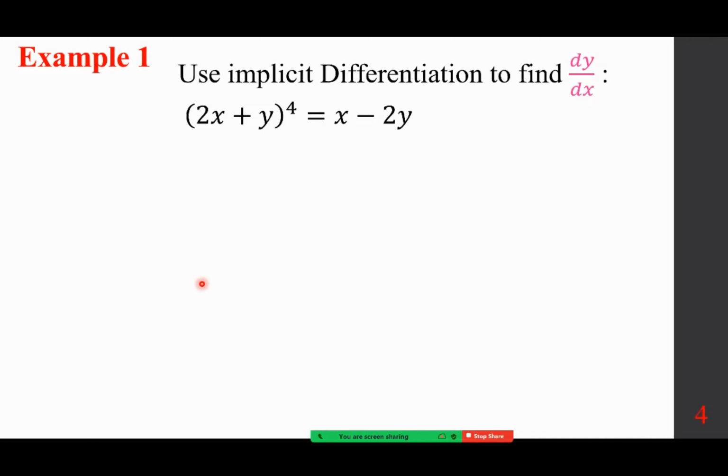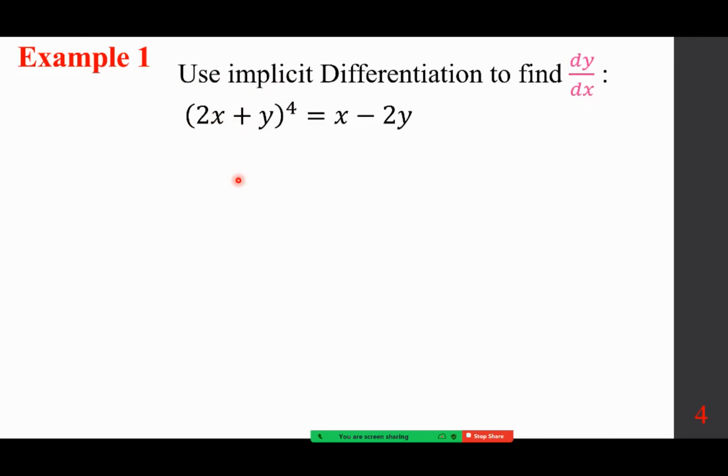We want to use implicit differentiation to find dy dx or y prime. So on the left side, 4 becomes the coefficient. We write the parentheses to the power of 3.